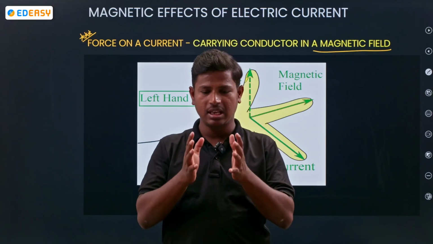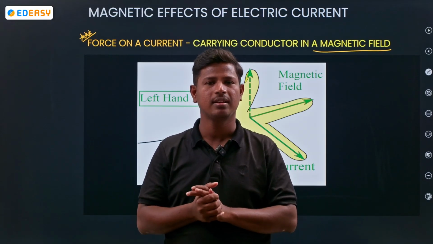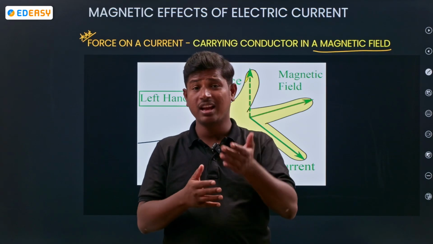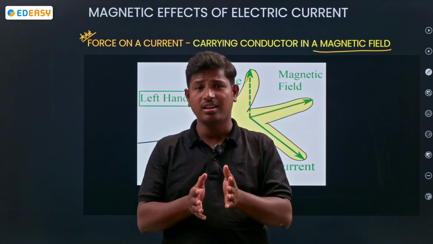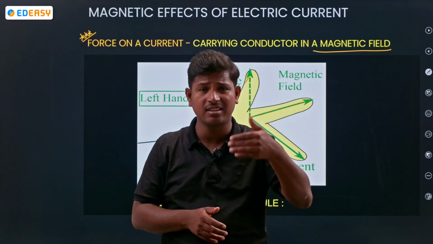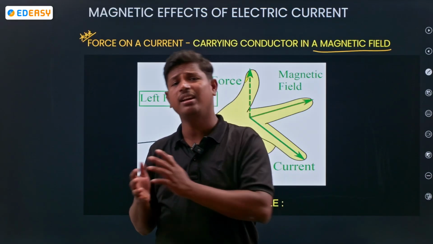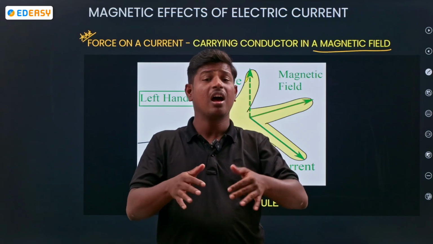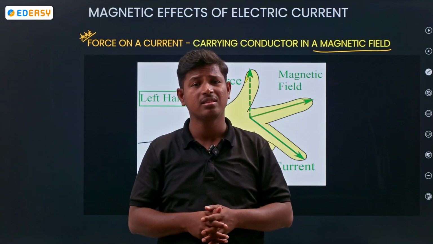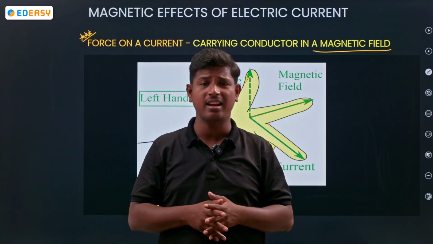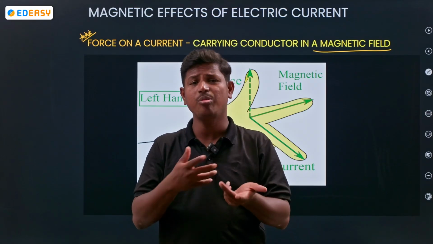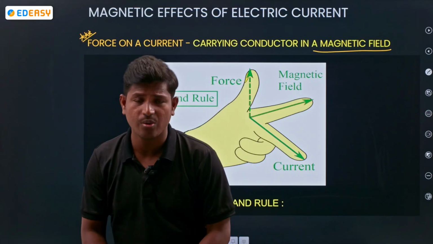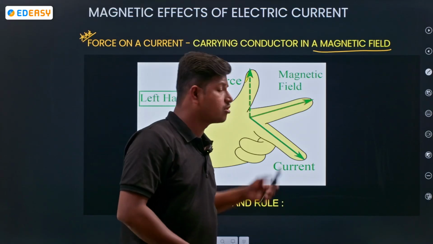So listen a little more focused, especially to this topic, because if you take a conductor through which electricity passes, an electric field and a magnetic field are both there. If this is placed under a magnetic field, one more field is added, so you may get confused. Don't worry, I will help you solve that.